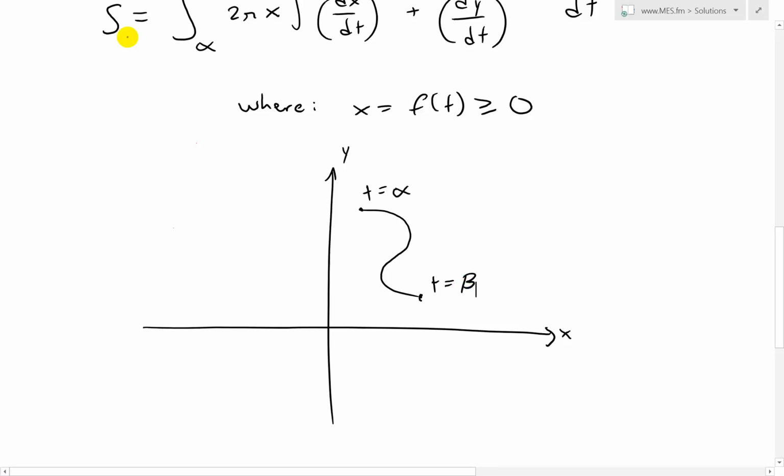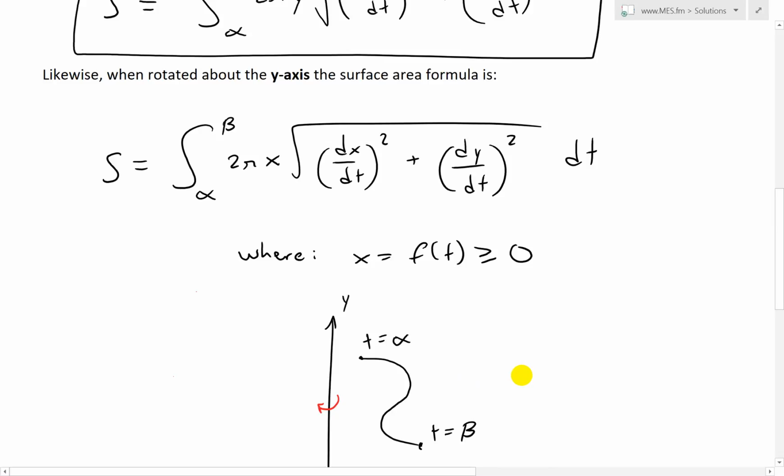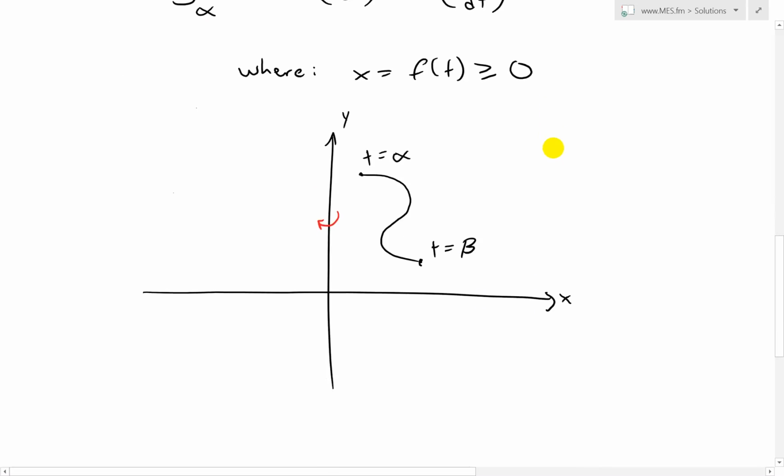If we were to rotate this about the y-axis, which is the same thing as above but now rotating about the y, we'll get a shape that looks something like this. Let me try to mirror this and draw it a bit better. If we just rotate it across, we get a shape that looks like this. Then we have the surface area all across it, and on the other side as well.